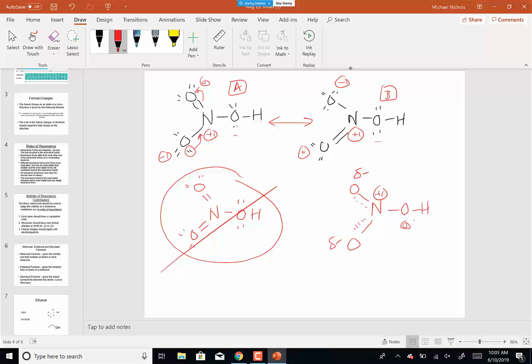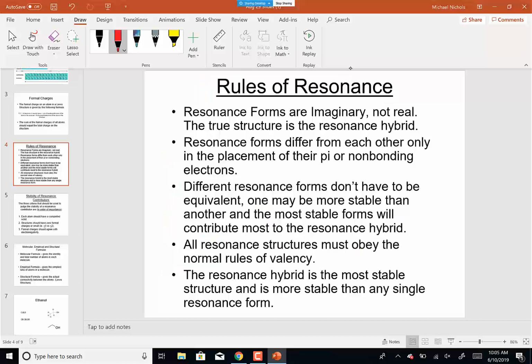I mean, we need some problems here, which we'll get to. So all those rules of resonance go into that. Many books don't necessarily have these laid out. I like to lay them out. You may even see them in the textbook because I think in chapter 1 I got a chance to cut and paste those in.